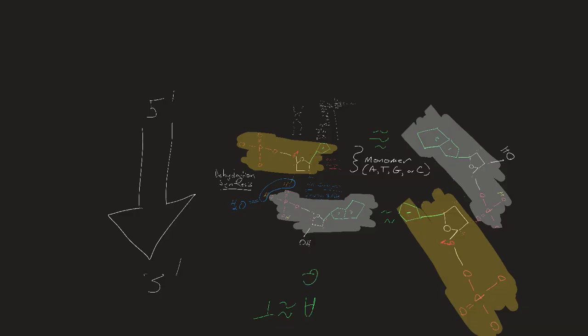Between G and C, there's 3 hydrogen bonds. Oh, sorry. Again, I'm doing all this upside down and backwards, so let me redo that. So A and T are 2 hydrogen bonds, and G and C are 3 hydrogen bonds.